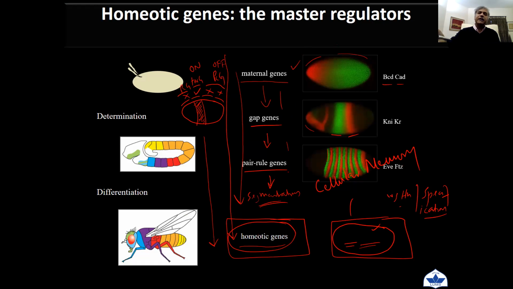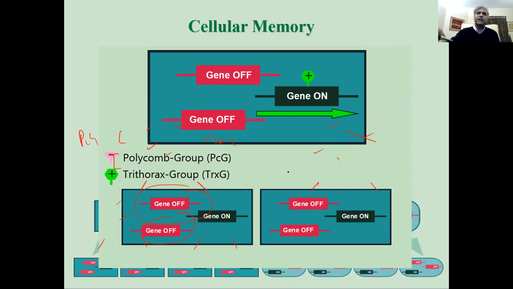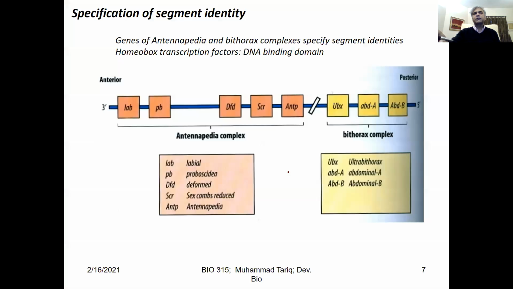Eventually, the specification of segment identity is established and maintained by expression of homeotic genes. How did we discover homeotic genes? And what are the homeotic genes?